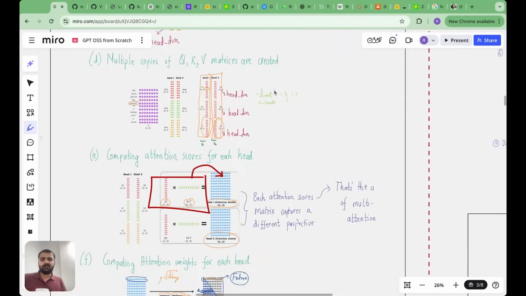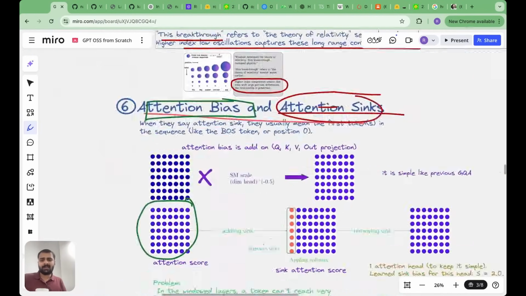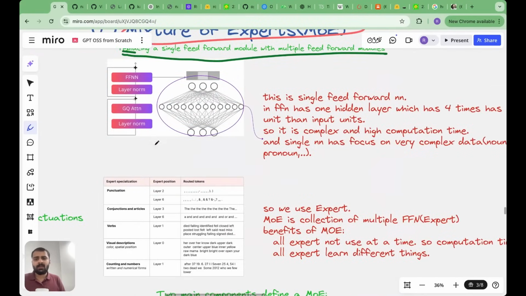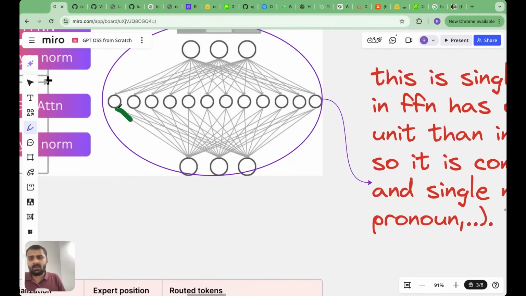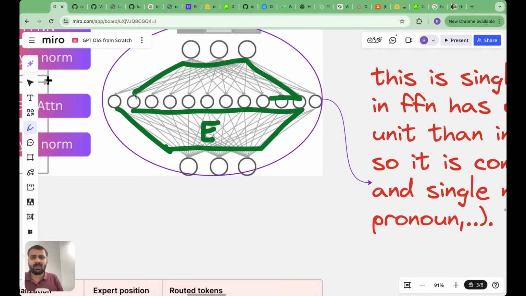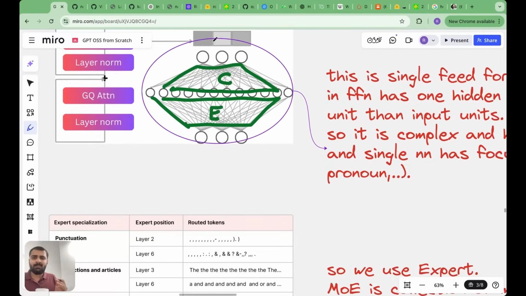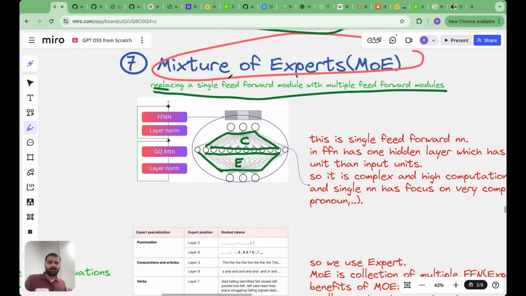The feed forward neural network has an expansion layer, which I'm calling E, and it has a contraction layer, which I'm calling C, right? That's usually the way it happens in a traditional transformer architecture.